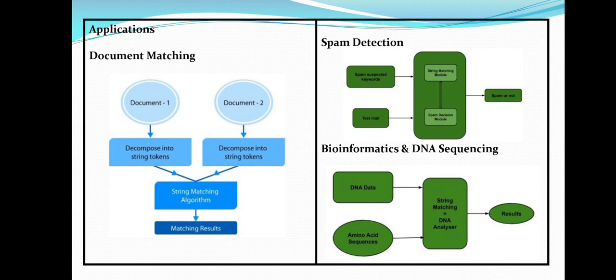In bioinformatics, if you find a sequence of protein, it will have specific strings of this DNA sequence. So there we can use string matching. This is how we can find the DNA sequencing in bioinformatics. So these are some examples of string matching algorithm, and it has more applications.